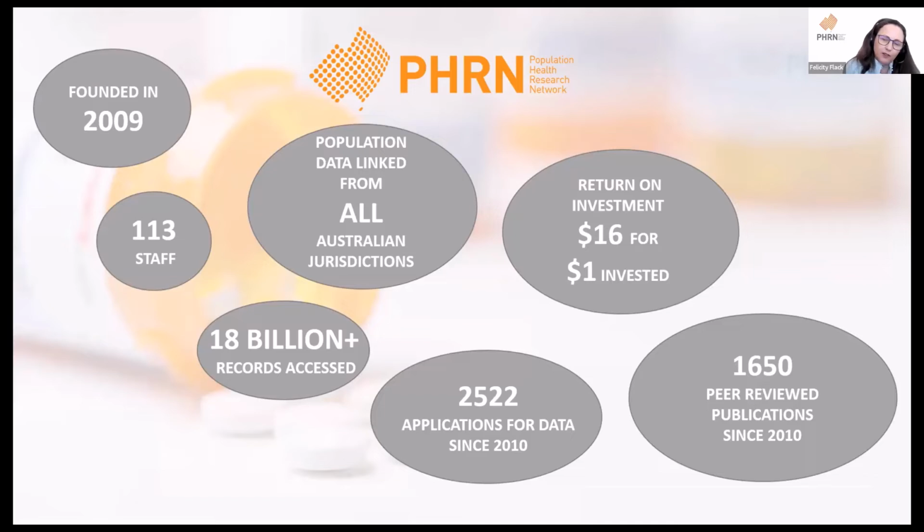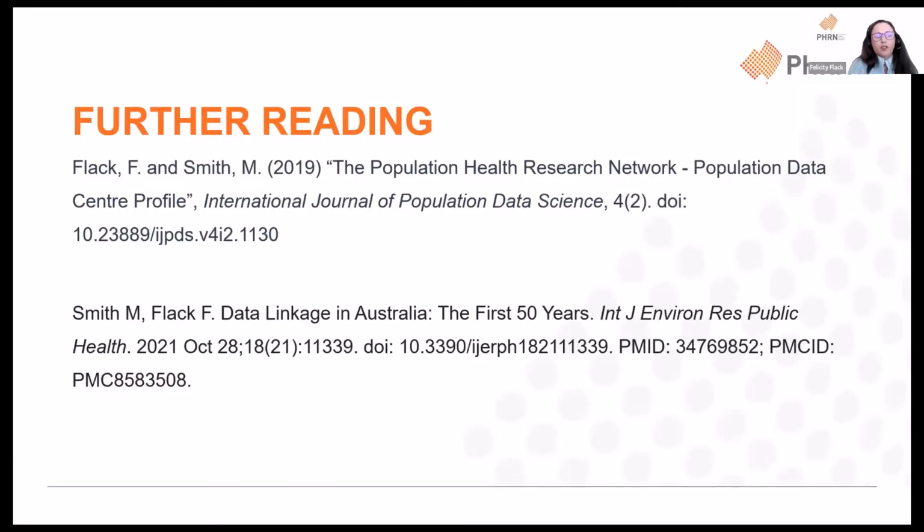We've got over 1,600 peer-reviewed publications as well, and we've had more than 18 billion linked records accessed. If you'd like to know a little bit more about the PHRN, there's certainly more information on our website, and there are 2 publications there which go into a bit more depth about the PHRN itself.